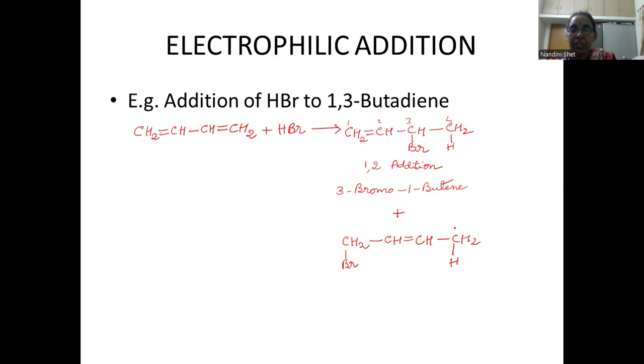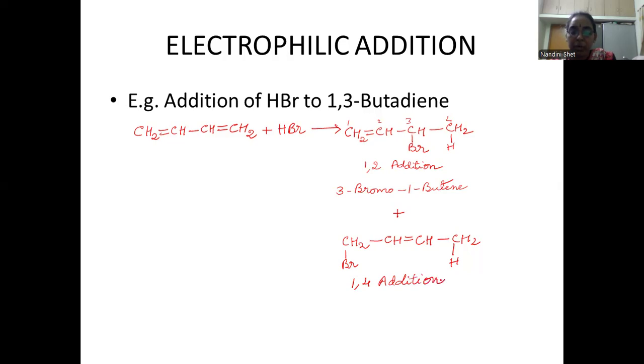So if you take this as a first carbon, this becomes second, third, fourth. So it is known as 1,4 addition. So addition has taken place on carbon numbers 1 and 4. So this is called as 1,4 addition.